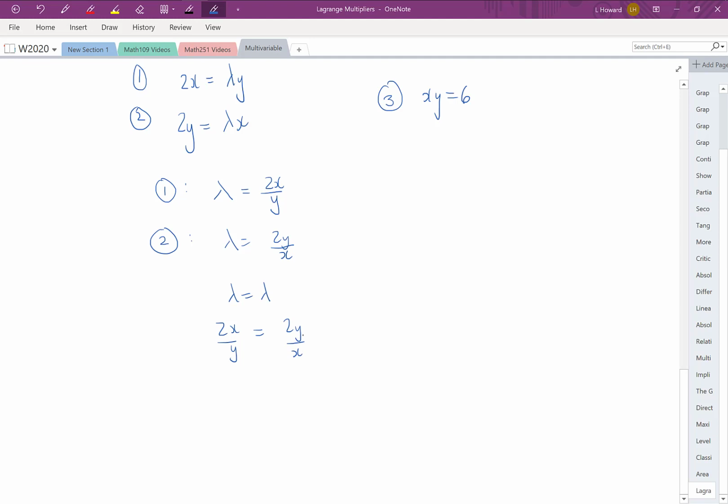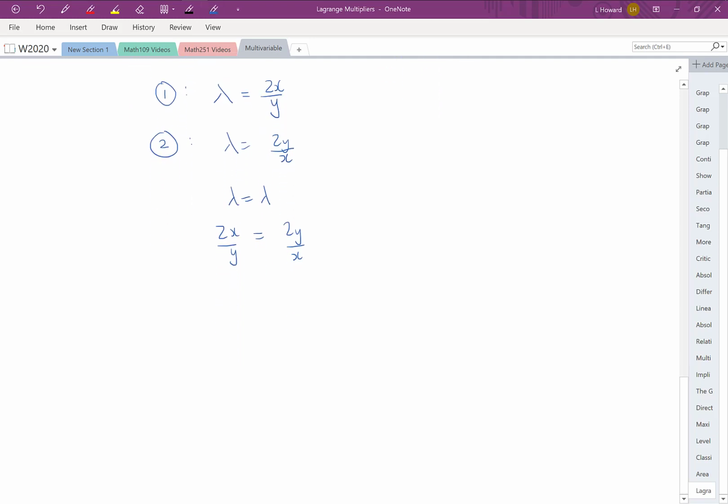And we can cross multiply here just to turn that into a nicer looking equation. So we could have 2x squared equals 2y squared. Let's divide by 2, so y squared equals x squared. And we can take square roots of both sides as long as we acknowledge that there's a plus or minus sign option here. So y can be equal to either plus or minus x.